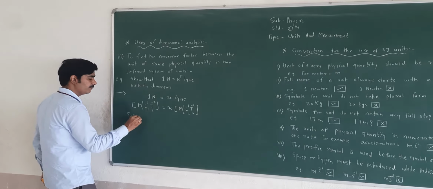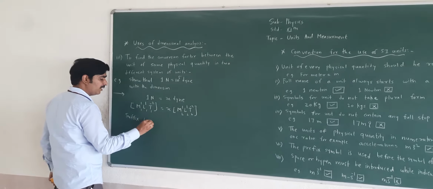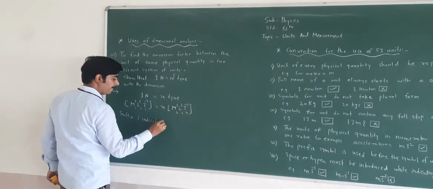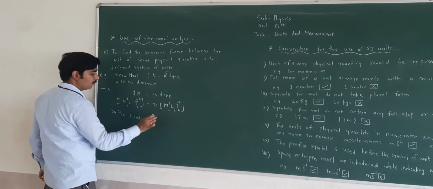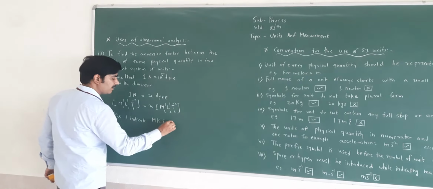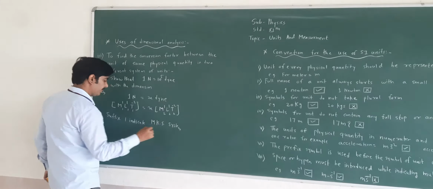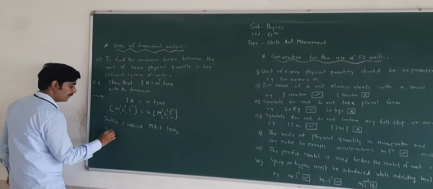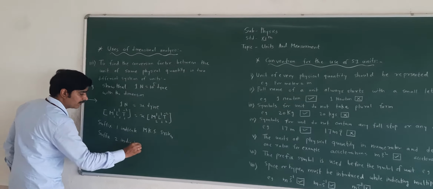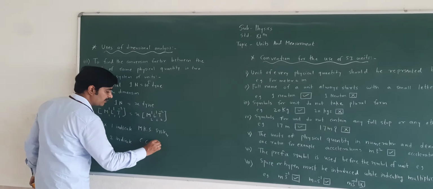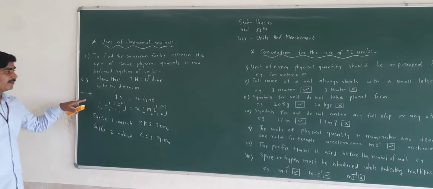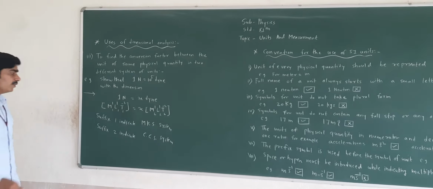Suffix 1 indicates the MKS system and suffix 2 indicates the CGS system.